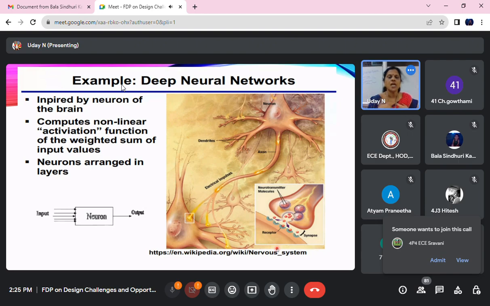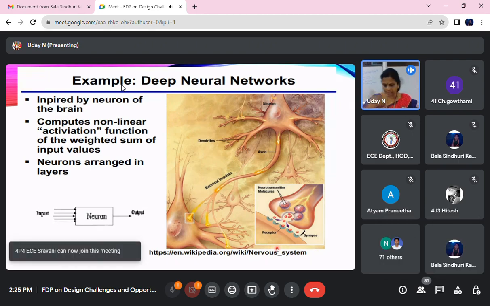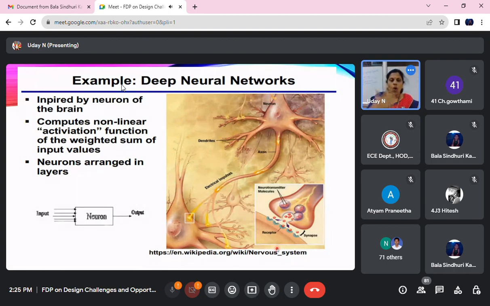We also have the cerebral cortex performing the locomotive tasks. That means I'm moving my hands, I am moving my head. All these movement-related physical tasks are performed by the cerebral cortex.